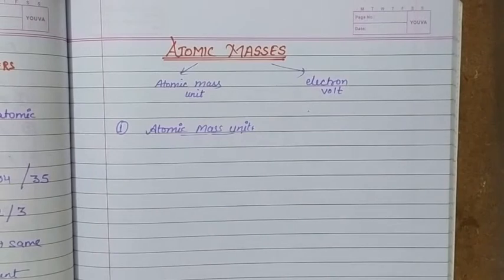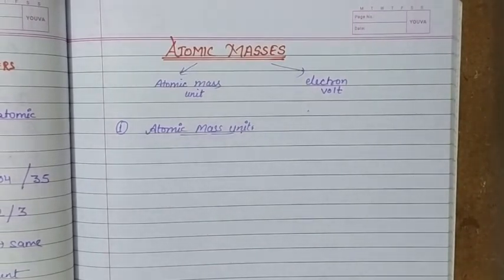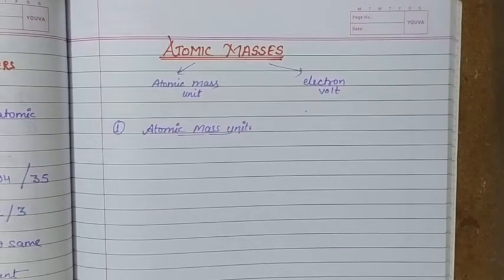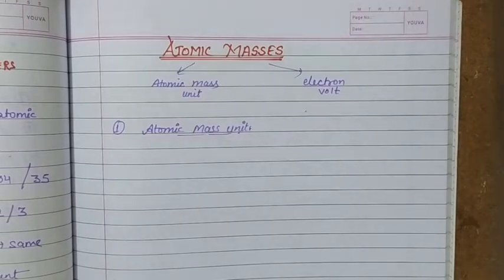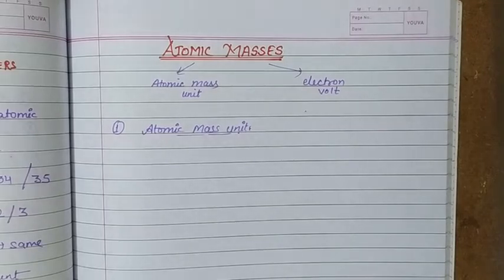So to express the mass of atoms, there is a need to choose a convenient unit for the purpose. Initially, when we start giving atomic masses, it was necessary to choose a convenient unit, and that unit is defined by taking the mass of carbon 12 atom equal to 12 atomic mass unit.